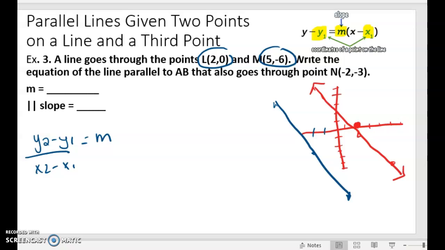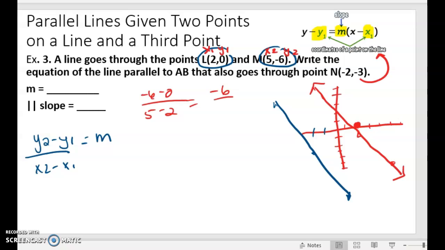So plugging in what I know, I'm just going to choose one of these to be x1, y1, and one to be x2, y2. And the x1, y1 in this case is different. This is the x1, y1 for my slope formula because I'm trying to solve the slope. But when I get to my point slope formula, I'm actually using this point because that's the point I needed to go through. So that's going to be -6 minus 0 over 5 minus 2.